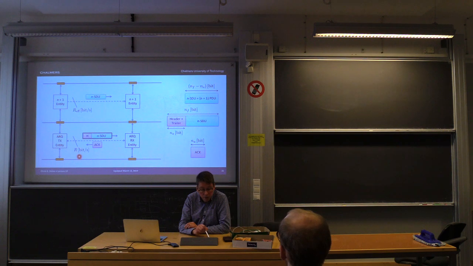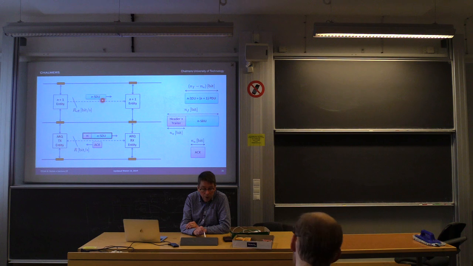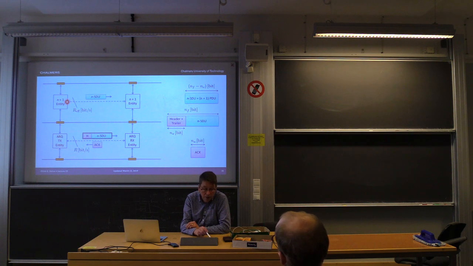Physically, R bits per second is provided by the layer below. But anyways, this back and forth enables the layer above it to send its service data units, its protocol data units, which happen to be the service data units for the layer below it. Back and forth here with some effective data rate.